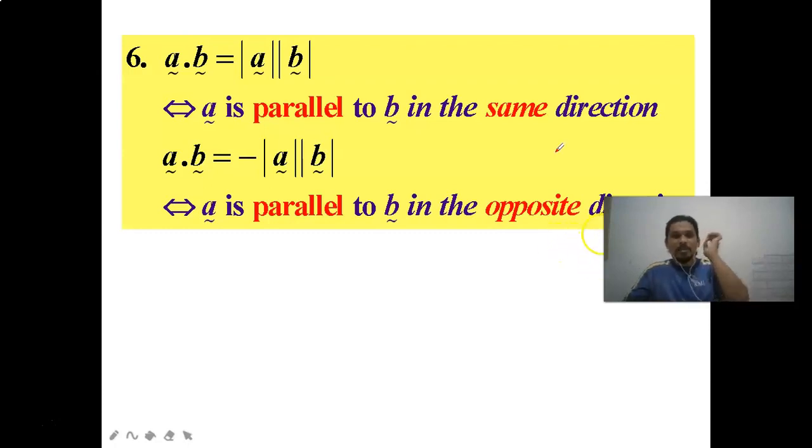Okay, so look at this one here now. The scalar product A dot B equals the modulus of A times the modulus of B if and only if A is parallel to B in the same direction.